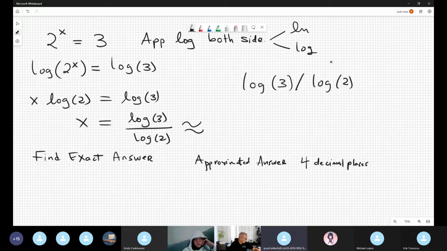All right, let me try to do it in my own calculator. Are you doing it in your own calculator? Come on, don't be lazy. LOG of 3 divided by LOG of 2. You get the answer or no? Yes, I got 1.58.